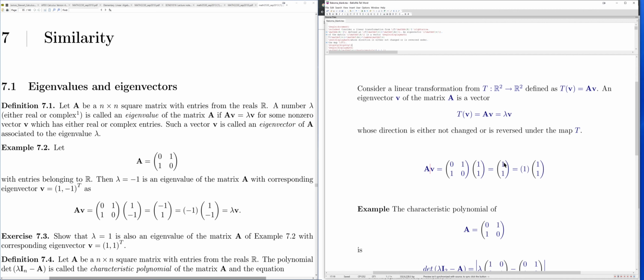When I do the matrix multiplication, I get (1, 1), which is literally the same as the vector v that you started off with. You can write this in the form lambda times v, where the scalar lambda is equal to 1. So Av is equal to lambda v when lambda is equal to 1, and this (1, 1), by definition, is an eigenvector for your matrix A.